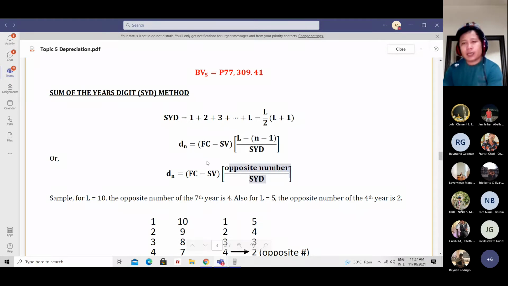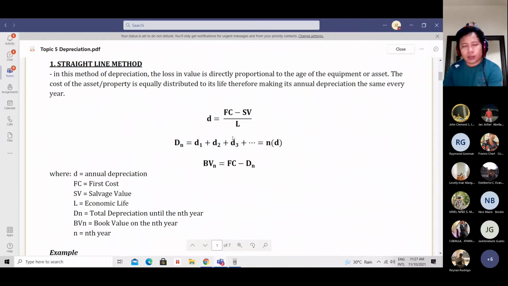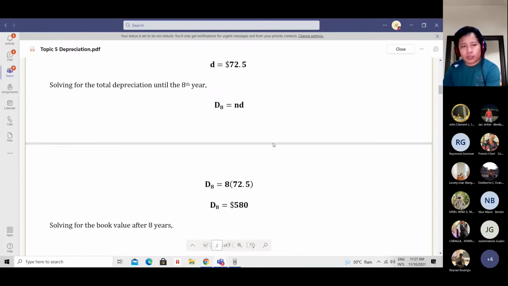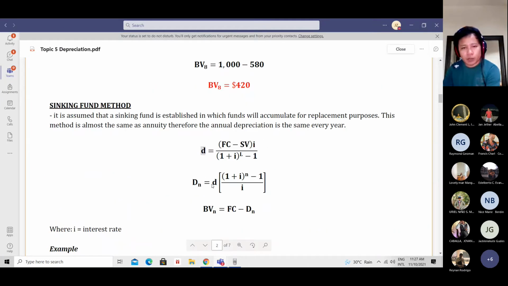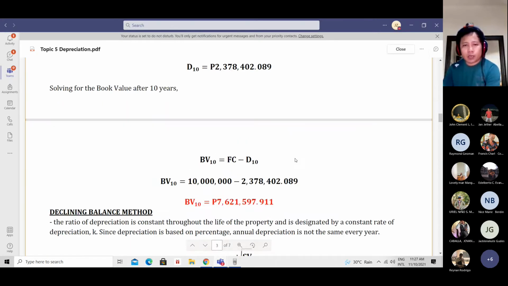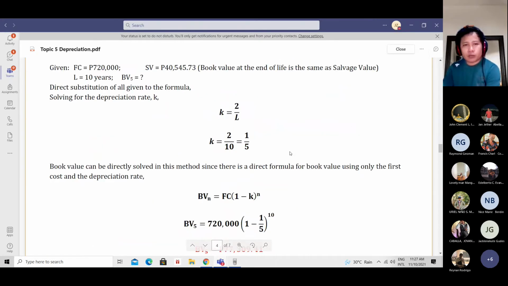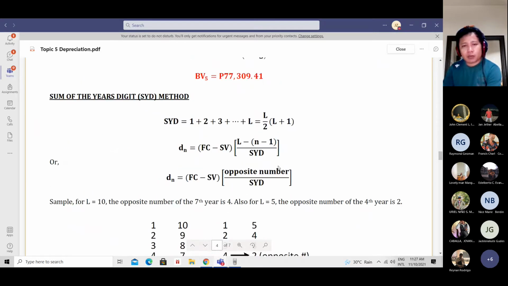It's because, unlike the straight line method, if you recall, in the straight line method and the sinking fund method, the annual depreciation is the same every year. So for straight line, you can just multiply by how many annual depreciations there are. For sinking fund, since the annual depreciation is the same, you can use the formula for the future worth of an ordinary annuity. But in SYD, the depreciation is not the same every year. It is different every year.